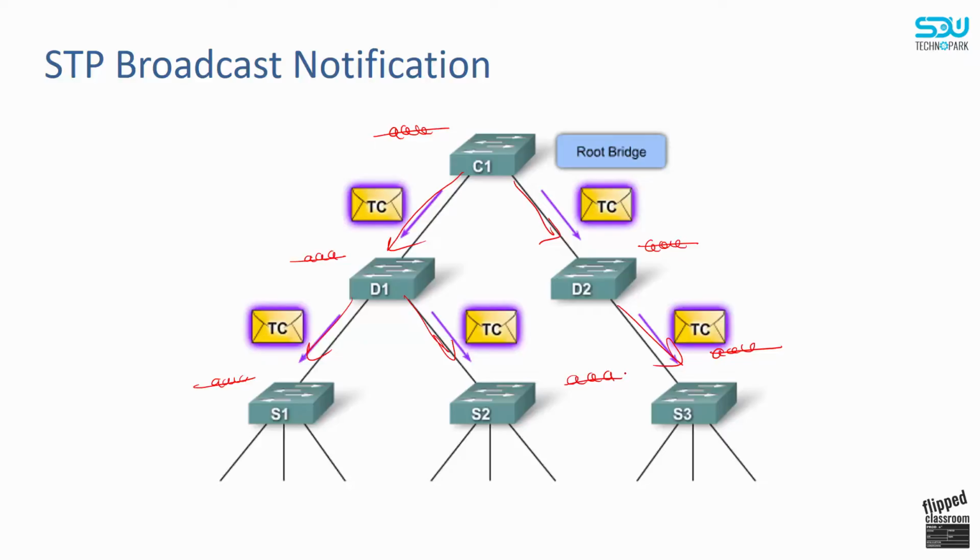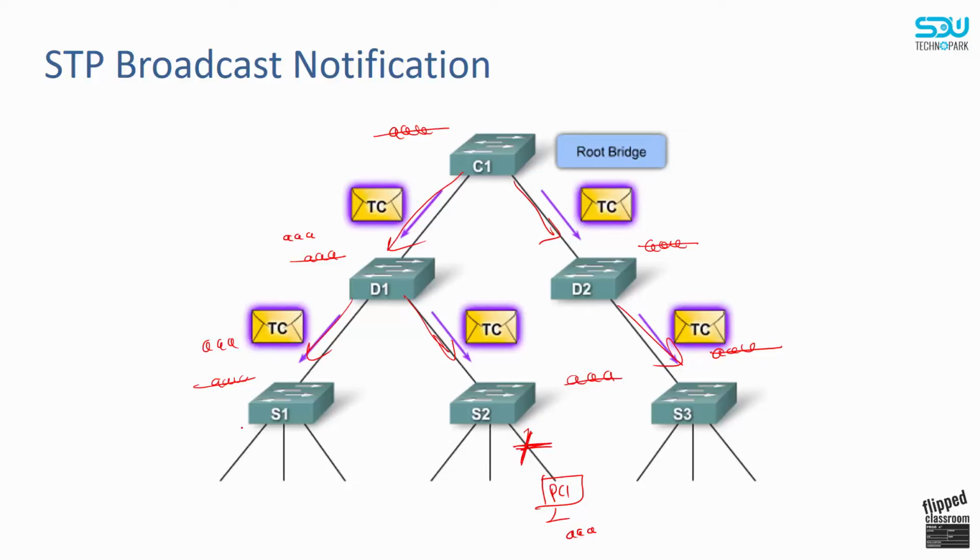Because if STP did not provide such functionalities like TCN, topology change notification, TCA acknowledgement, and TC topology change, then what would happen? Let's say that we still have these values, but computer A, PC1, sorry, with MAC address AAA has already not been working for 2 minutes. This port is blocked or the cable is unplugged or something like this.